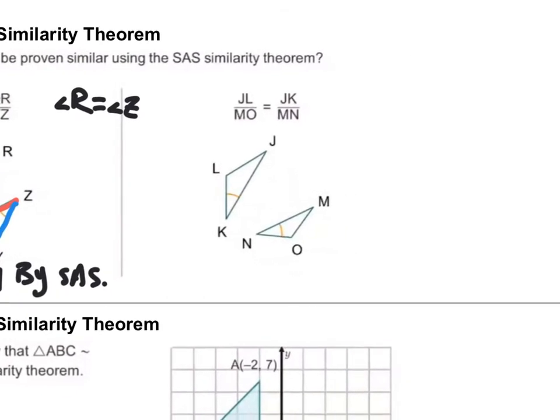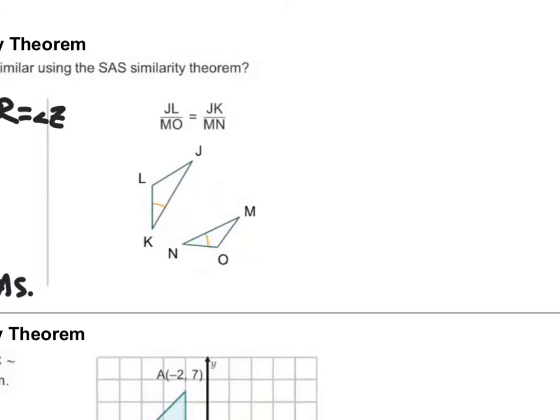So then on the next one, what I know is that angle K is congruent to angle N. That's the first piece. And then I have that JL and MO correspond with each other, and that JK corresponds with MN.